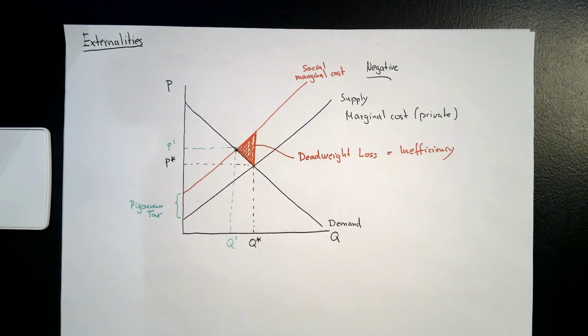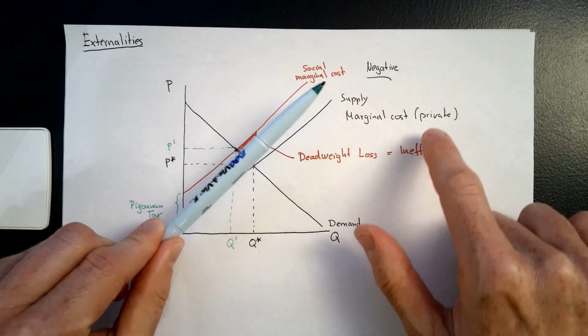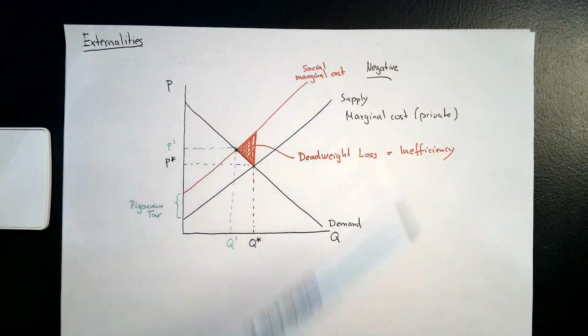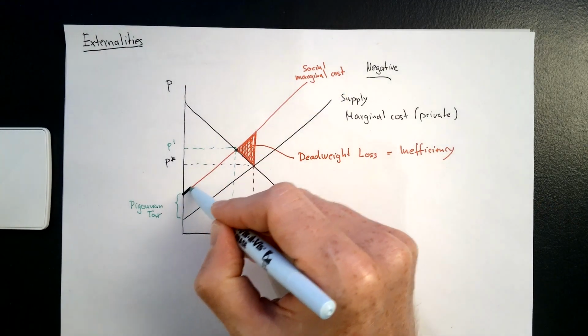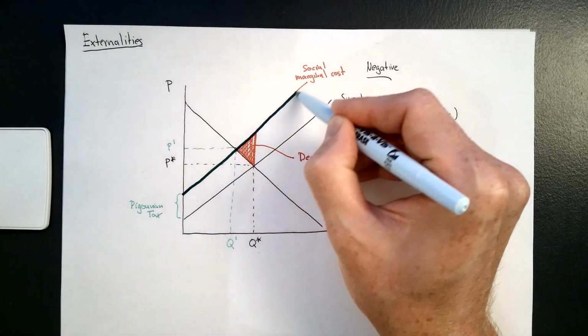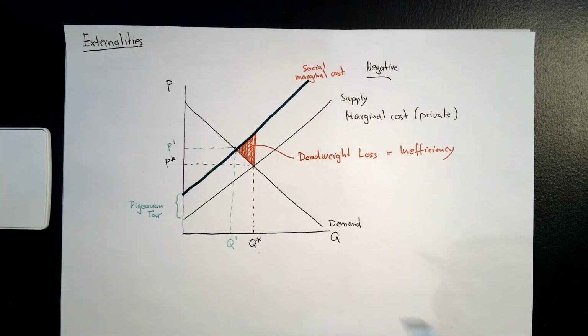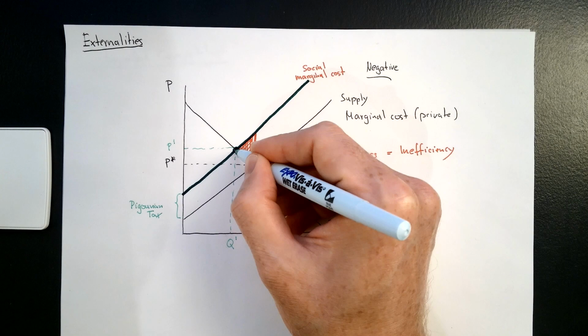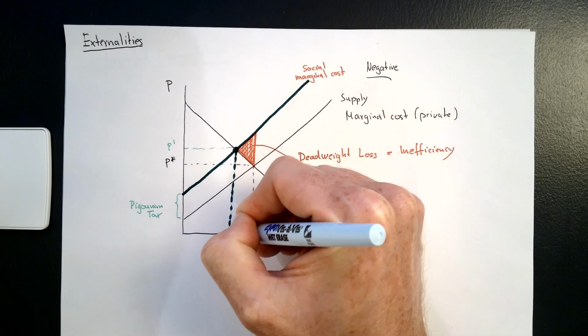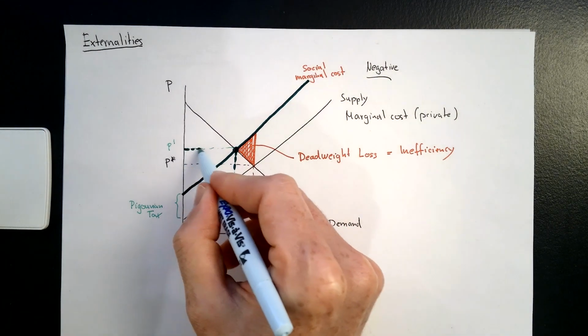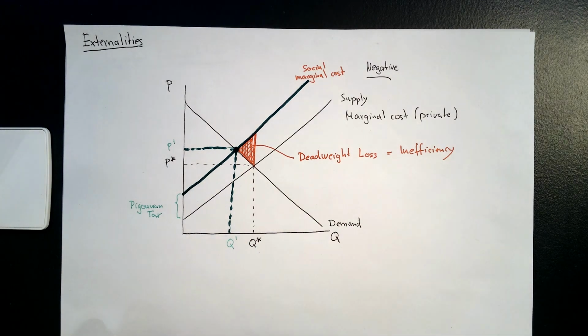And if the government were to implement this Pigouvian tax, then the private marginal cost plus the tax could be made equivalent to the social marginal cost. And hence, we would be having this new equilibrium that is efficient at P prime and Q prime.